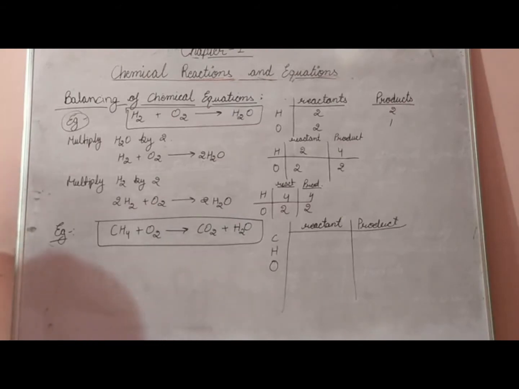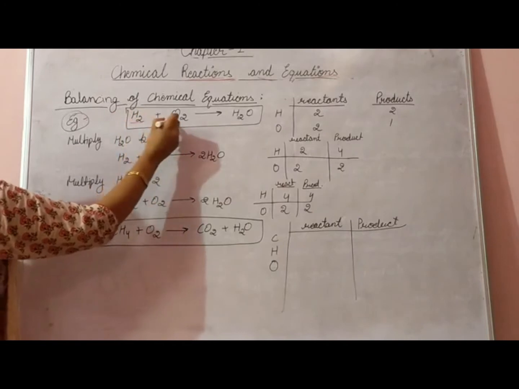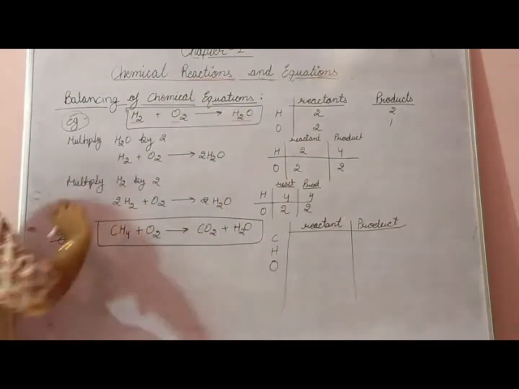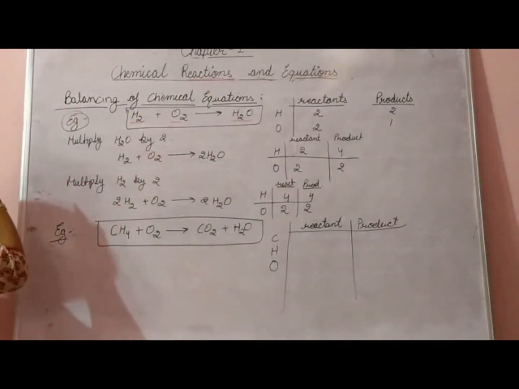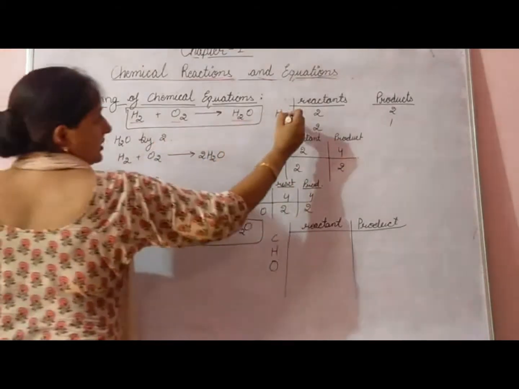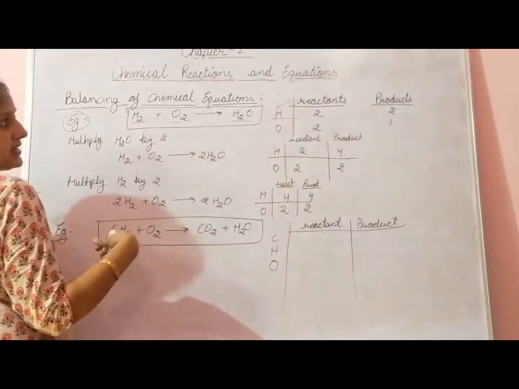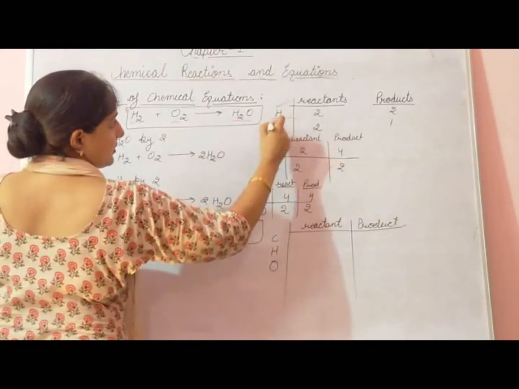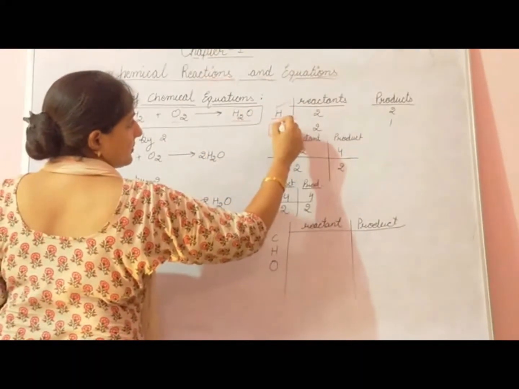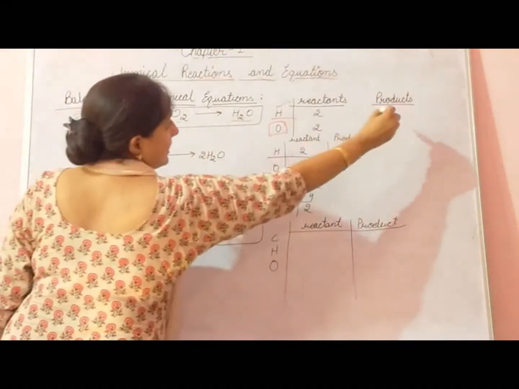Now let's study how we can balance a chemical equation. The example we have taken for an unbalanced chemical equation is hydrogen plus oxygen giving water. This equation was unbalanced because the hydrogen atoms were balanced on both sides, the reactant side and the product side, but the number of oxygen atoms was not balanced.